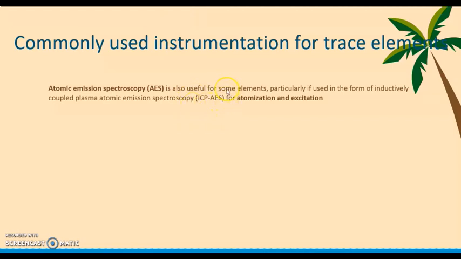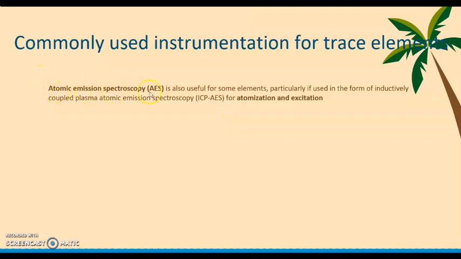Madalas po, ang ginagamit po, pinagsasabay si atomic emission spectroscopy at saka si inductively coupled plasma emission spectroscopy. Ito pong mga to is for atomization and excitation. So, yan po yung mga ginagawa po nila.